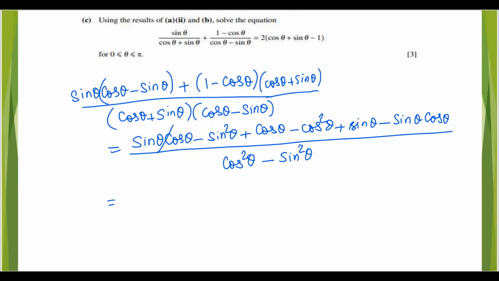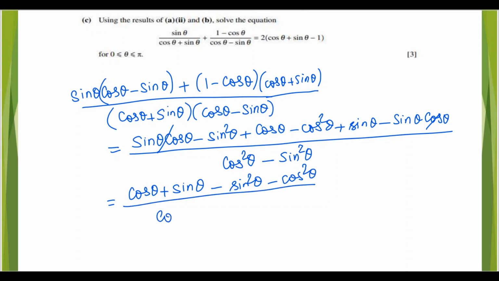This 2 gets cancelled and the remaining terms are cos theta plus sine theta minus sine square theta minus cos square theta divided by cos square theta minus sine square theta.